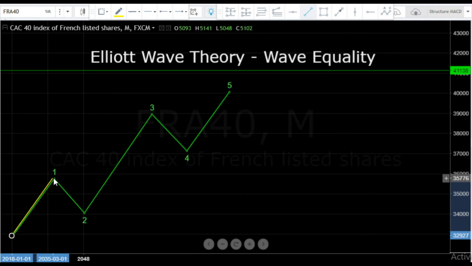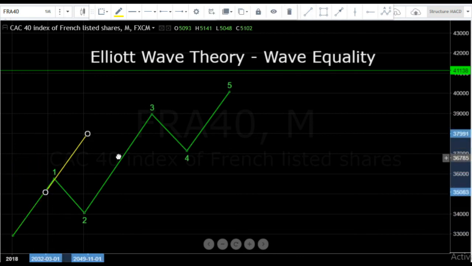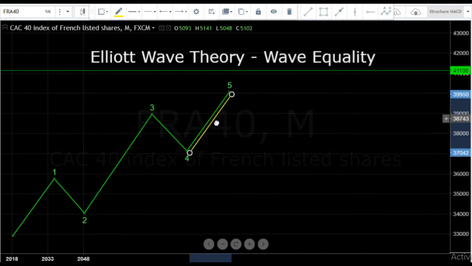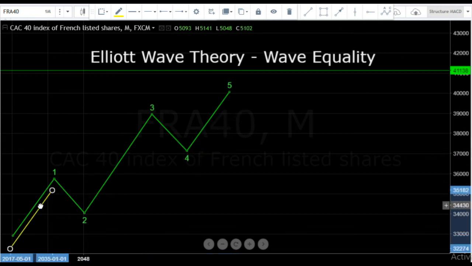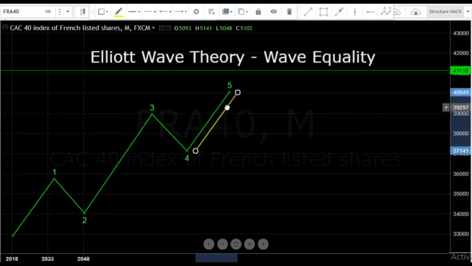And we can measure it simply like this. We have measuring tools, but from a simple point of view, we can measure it like that. Now, yet again, it's not paint by numbers, guys. It might extend a little bit more or a little bit less, but in general terms, they are equal.